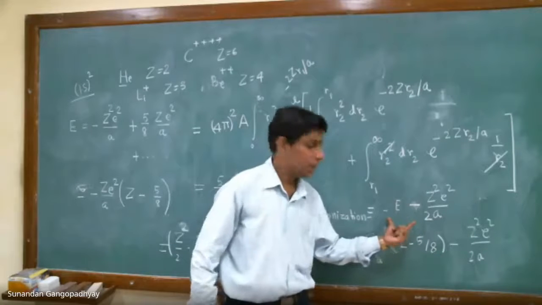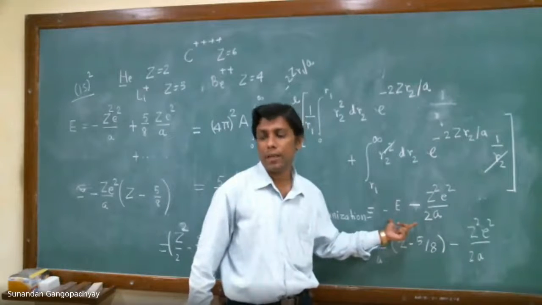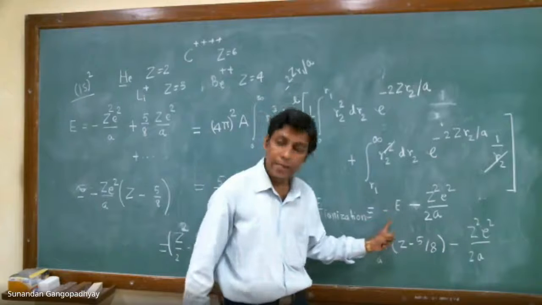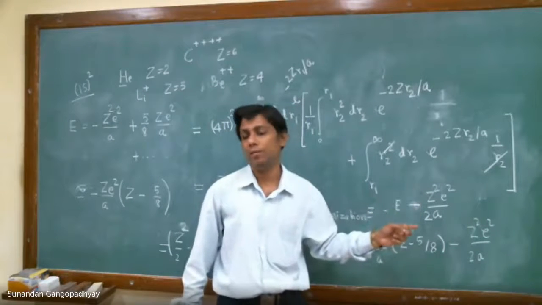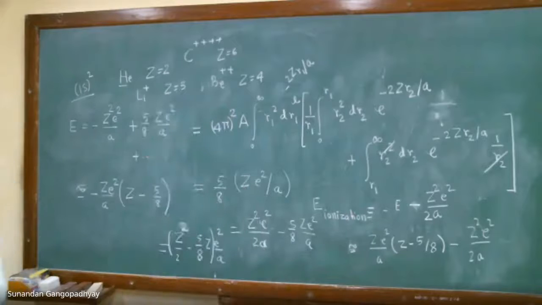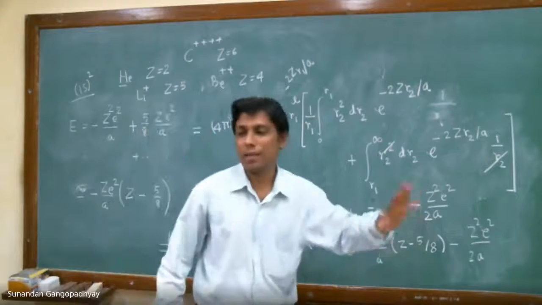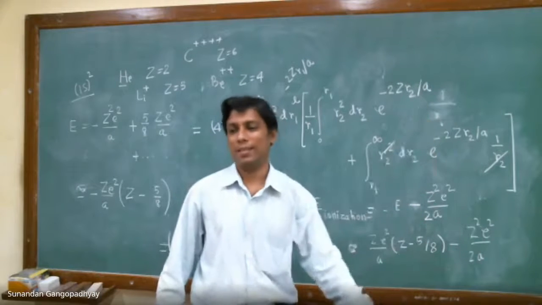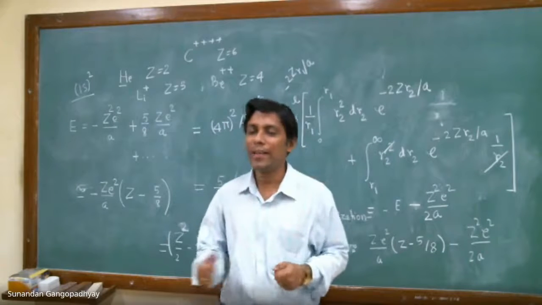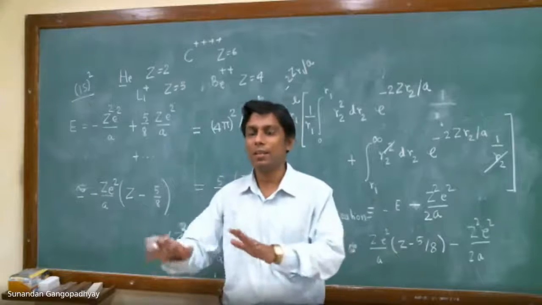The only thing that I have done is I have put an overall minus sign in front. Instead of E plus z square e square by 2a, I have put minus E minus z square e square by 2a. That is how I have defined the ionization energy. Why is that minus put in front? To get all the results in plus. Because when you measure experimentally, you do not measure minus 2 electron volt, you say it is 2 electron volt.